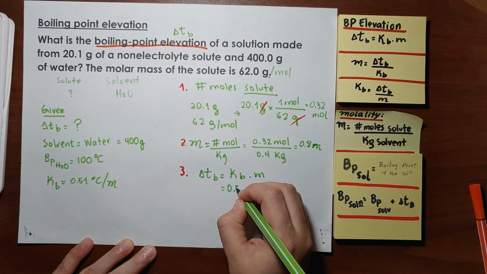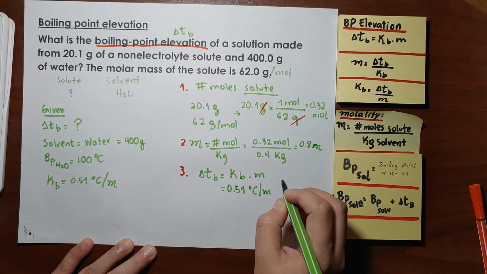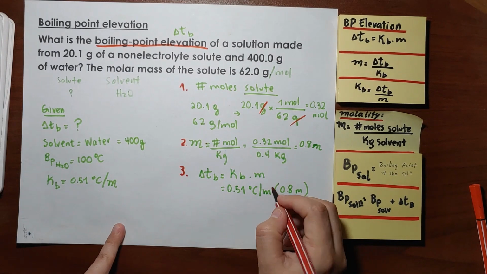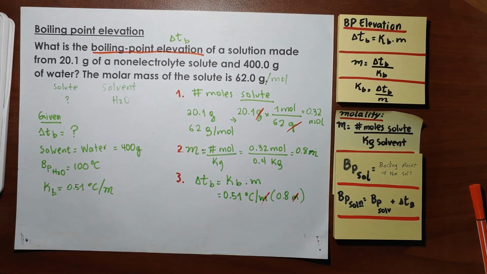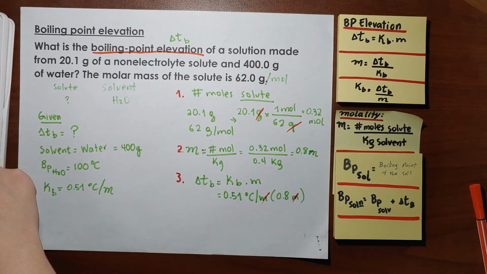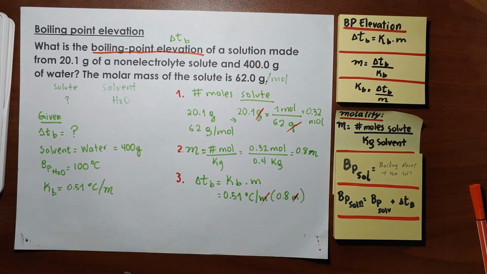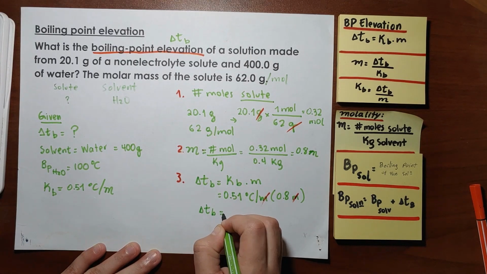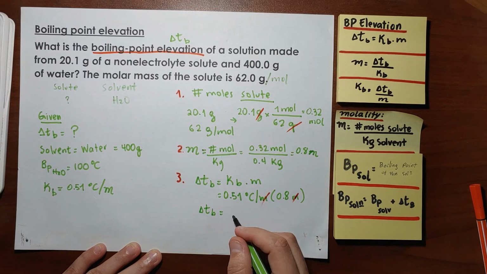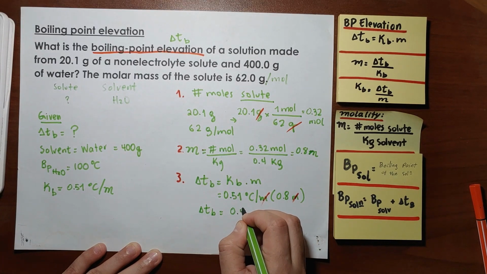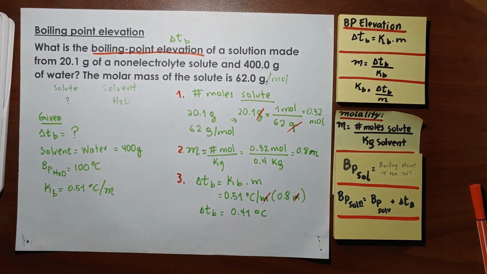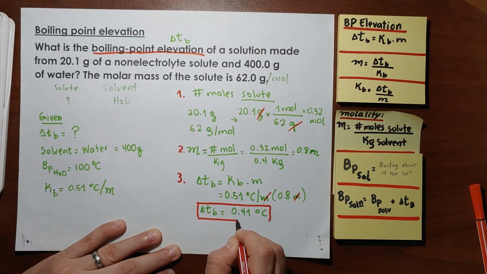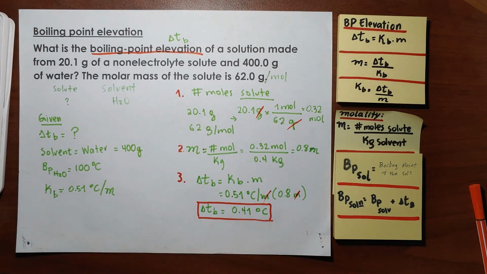This is 0.51 Celsius per molar times 0.8 molar concentration. Cancel units, and this gives me 0.51 times 0.8, which is 0.41. So my boiling point elevation is equal to 0.41 Celsius. And voila, that's it for the first exercise.